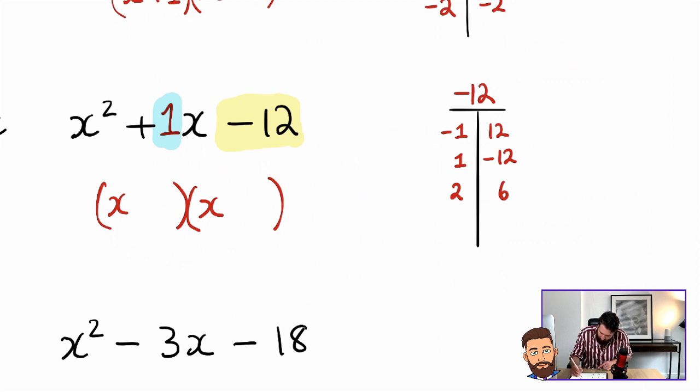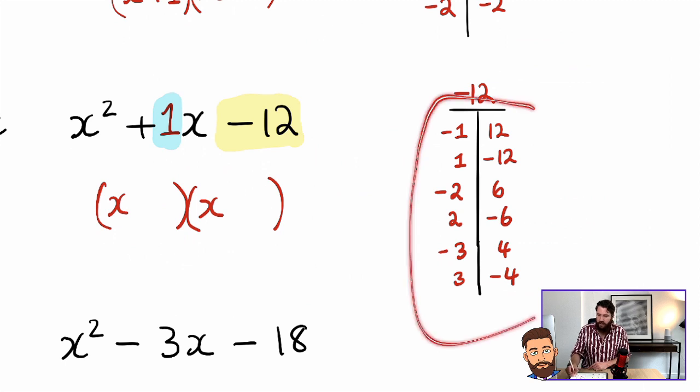So I need a -2 and a +6, or a +2 and a -6. You have to have the flip. Okay. What else makes 12? 4 and 3. So you could have -4, or -3 and +4, or +3 and -4. That would be all my factors of 12.